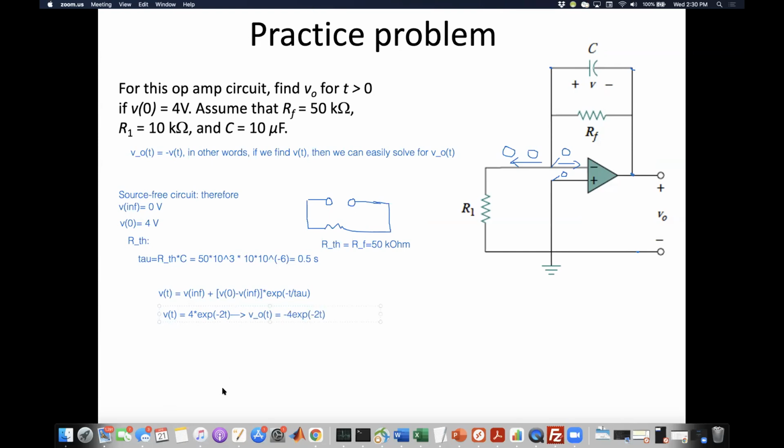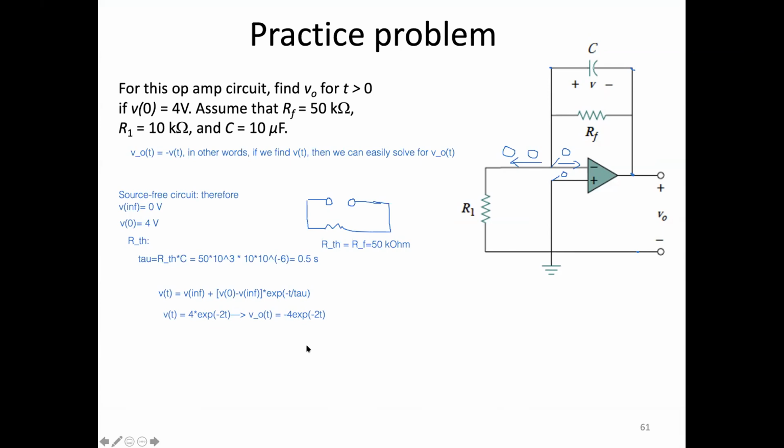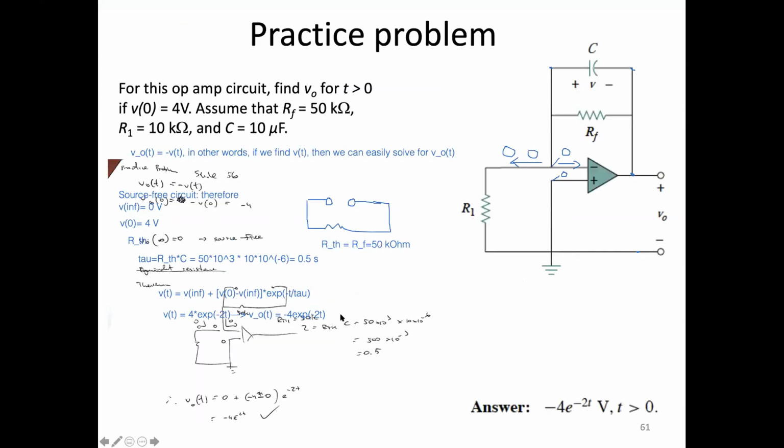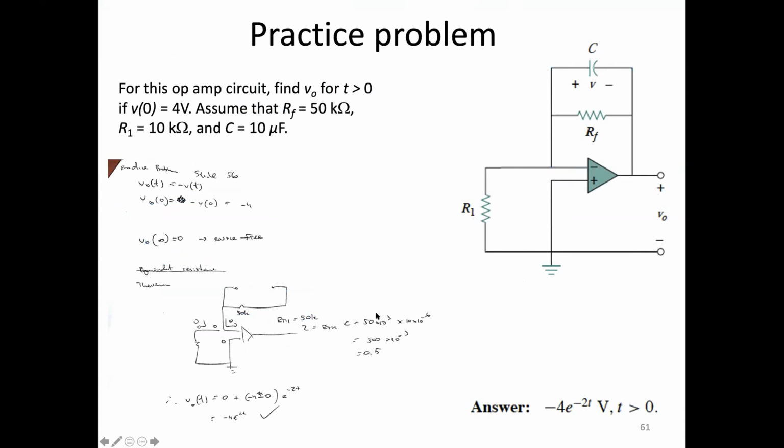And so V naught of t is equal to negative 4 exponential of negative 2t. Let me go to the next slide. Okay, so indeed I have my solution here.